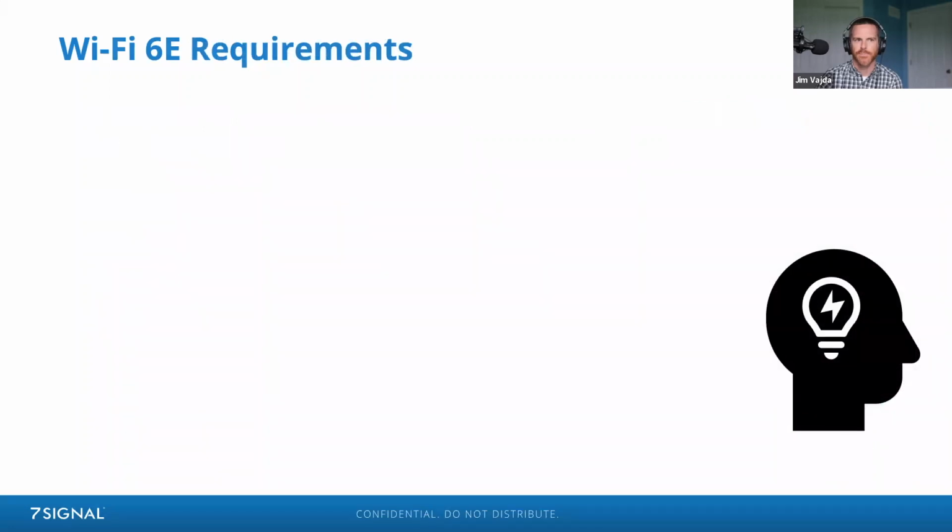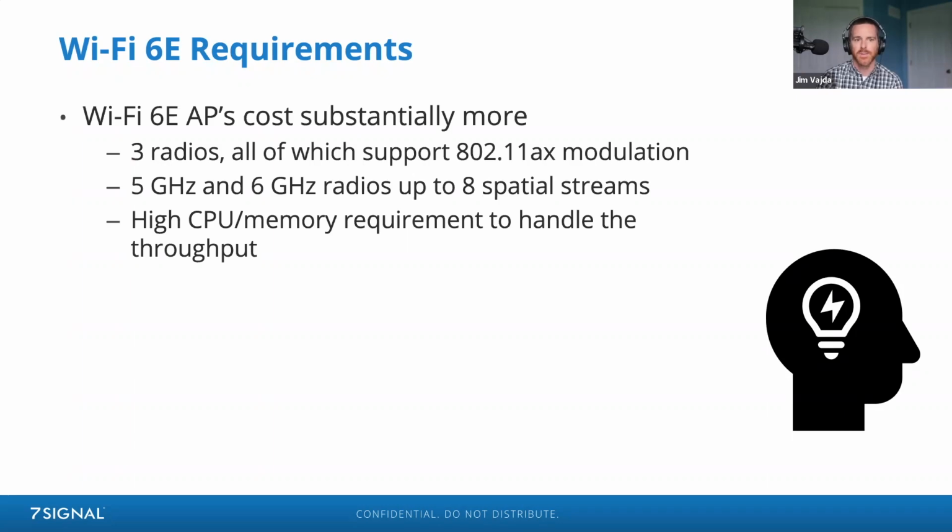So a couple of the requirements and considerations for deploying Wi-Fi 6E in the enterprise. First, the access points themselves are significantly more expensive. And that's just a reality of a tri-radio access point that might have, across all 3 radios, 12 or even 16 radio chains.